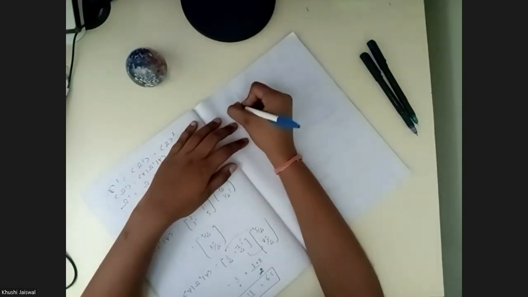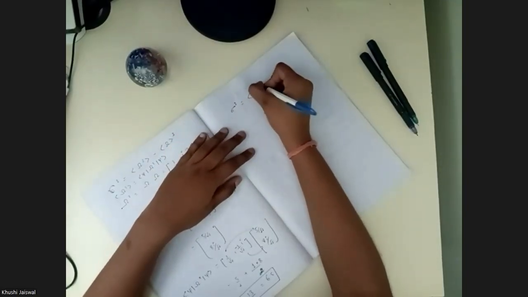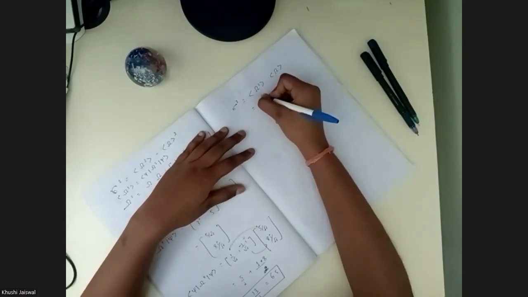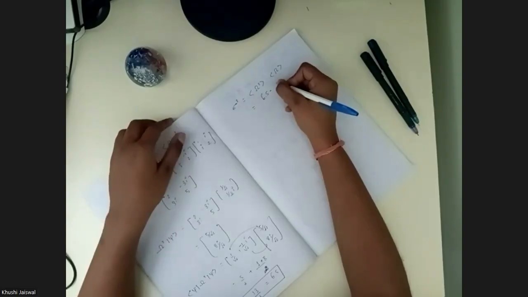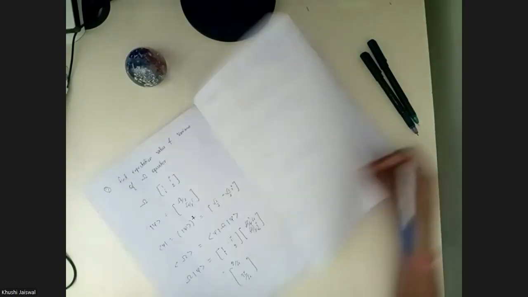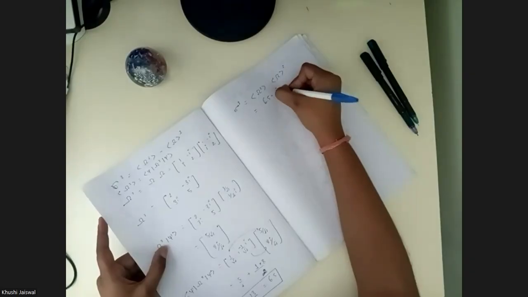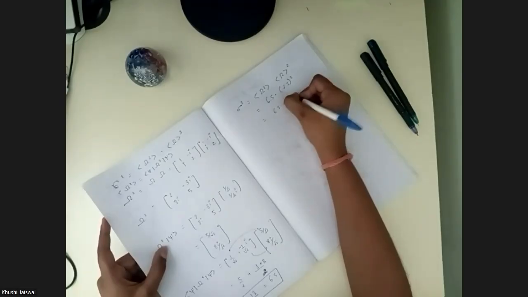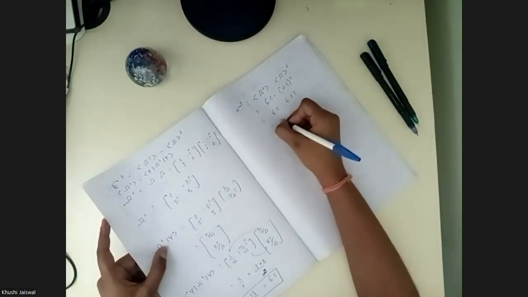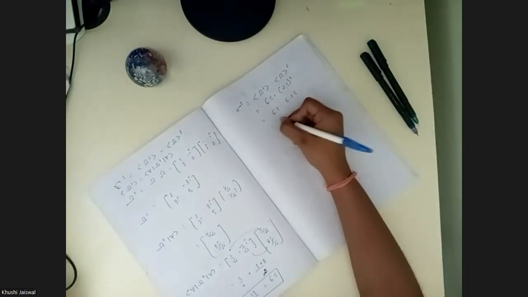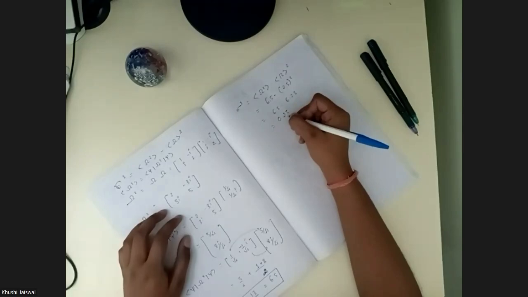Now for variance, which is sigma squared, it would be the expectation of Omega squared minus the expectation of Omega, whole squared. Here Omega squared we have found 6.5, and here we have found the expectation value, which is 2.5. So 2.5 whole squared, it would be 6.5 minus 6.25, which would be 0.25.